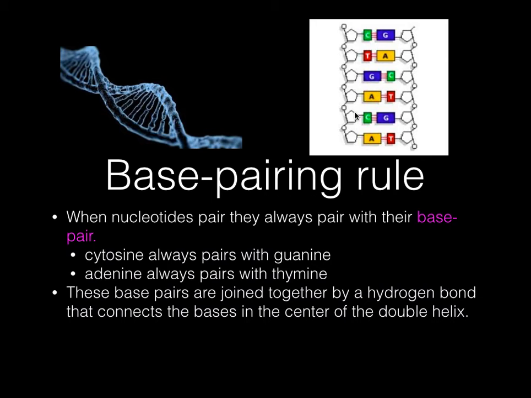You can see in this diagram that cytosine is going to pair with guanine, adenine with thymine, and so on. These base pairs are joined together by a hydrogen bond that connects the bases in the center of the double helix.